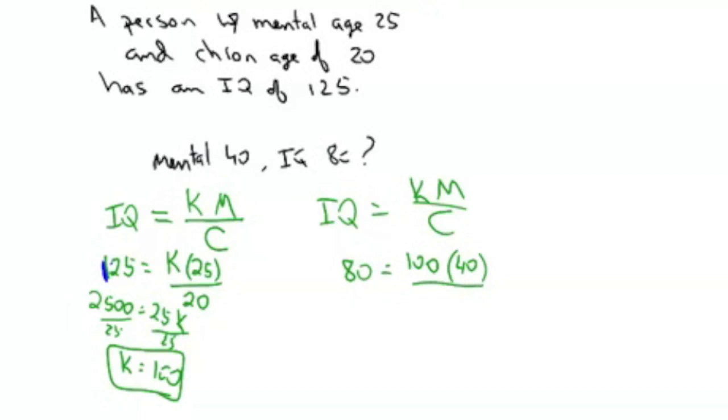And we're looking for chronological age. So, how do you solve for C? Multiply both sides by C. That's 4,000. And C would then equal 50? Right. Is it 50? Yeah.